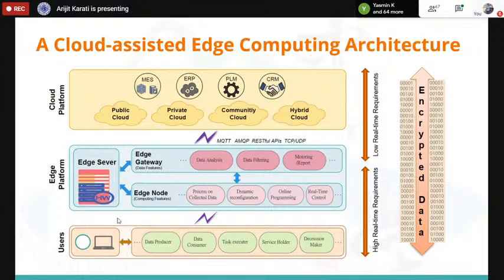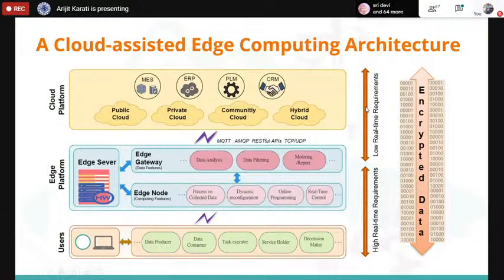Here in this picture we can see MQTT, AMQP, RESTful APIs, and other communication protocols. We are not only limited to these; all communication can be provided based on this kind of communication standard. So this is the high-level cloud-assisted edge computing architecture.